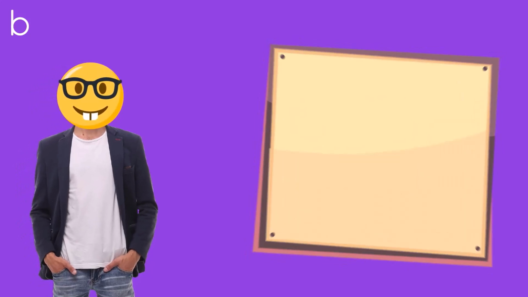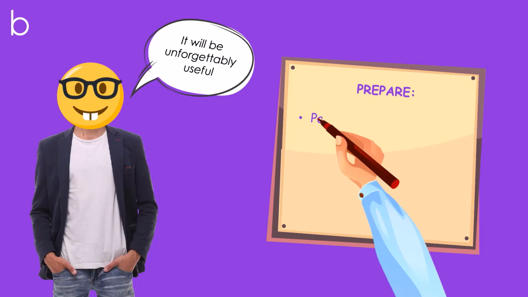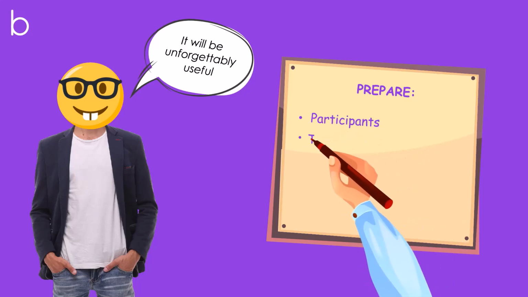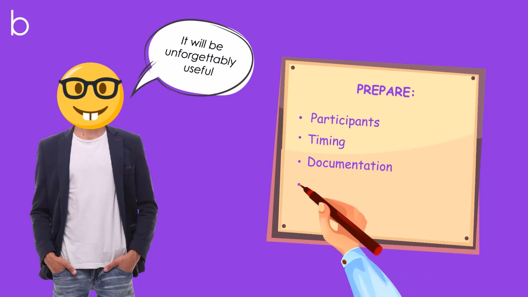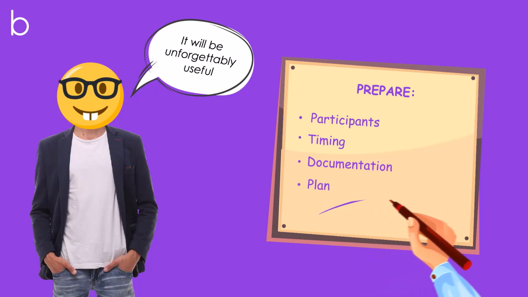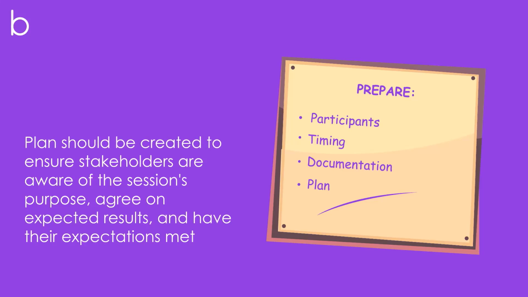To prepare for an observation session, business analysts need to organize the approach based on objectives and select suitable participants and timing. We should also consider participant skill levels, the number of activities to observe, and existing documentation and analysis. Additionally, a plan should be created to ensure stakeholders are aware of the session's purpose, agree on expected results, and have their expectations met.